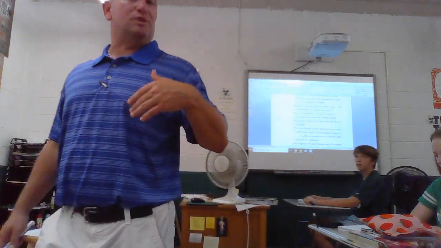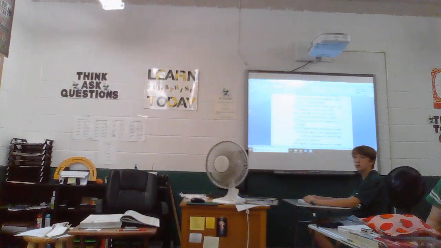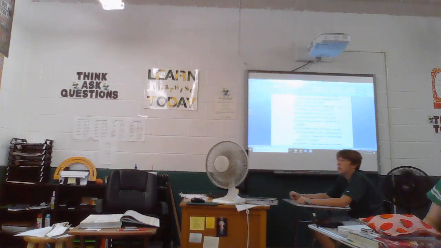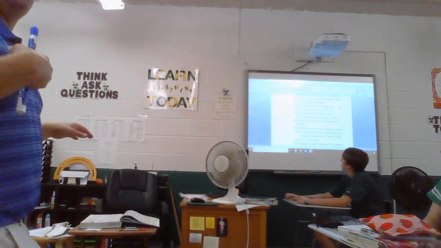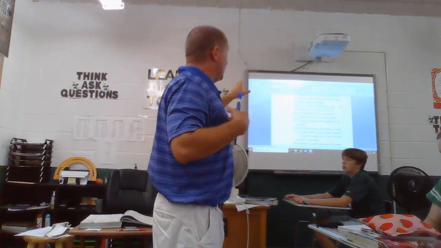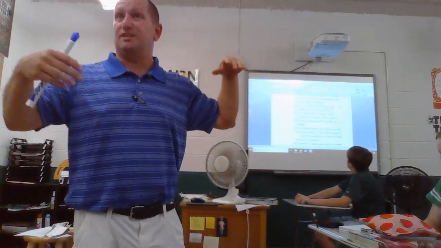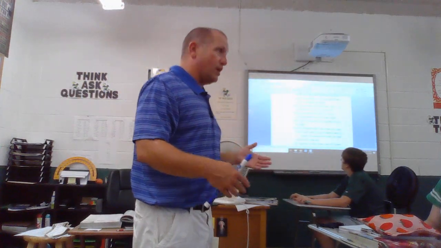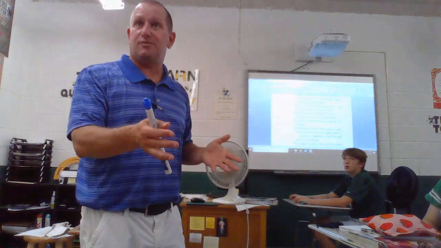So what's the difference between today's verbals and yesterday's? Now you have to include a variable. Okay? So when they say a random number of tickets, that tells me it's my variable. So again, do I want to be specific and say, well, because they're talking about tickets, I'm going to use a lowercase t? I could. Do I want to just be generic and use x every single time?